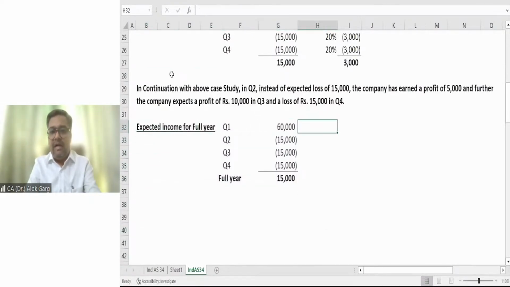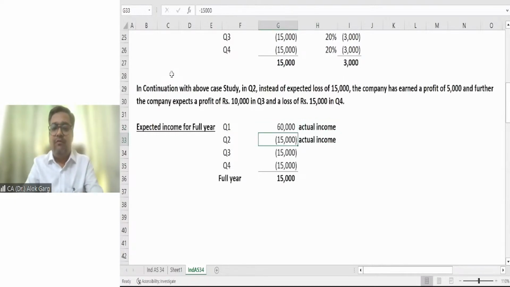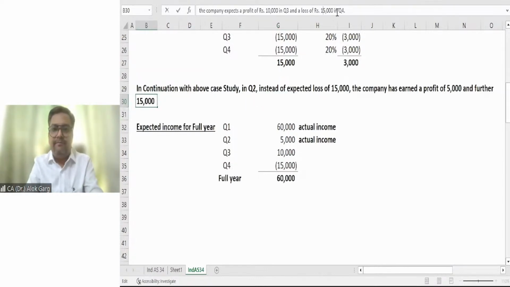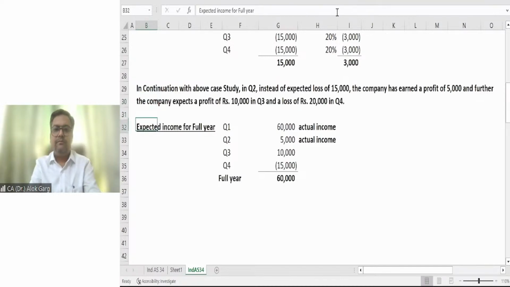In Q1 and Q2 I have the actual income. Instead of loss, I got the profit. And now I am expecting a profit of rupees 10,000 in Q3 and a loss of rupees 20,000 in Q4. Let's say instead of 15,000, make it 20,000 so that you will have more clarity, right? Make this loss of 20,000.